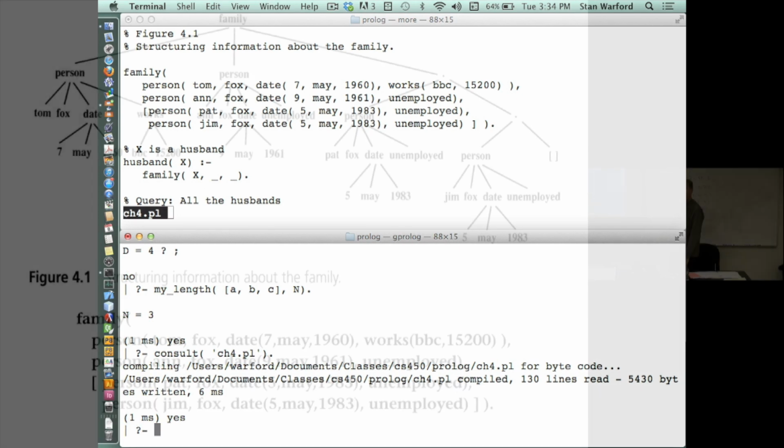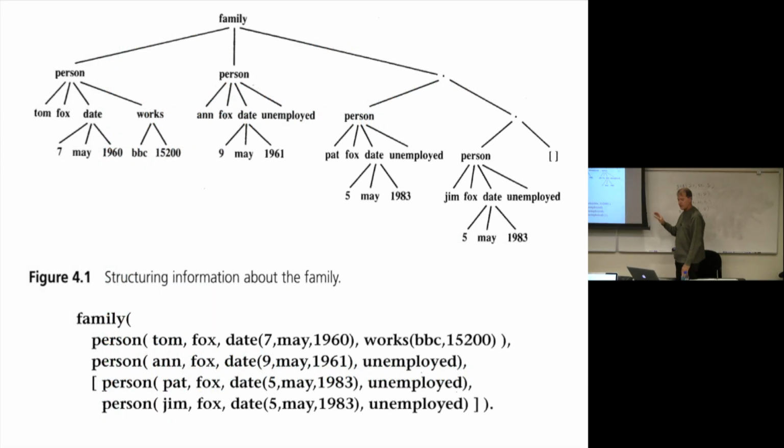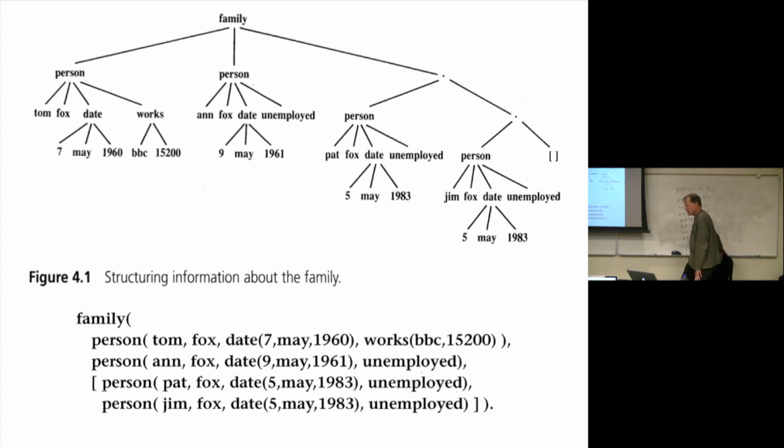Now watch this. I was disappointed when the 4th edition of the book came out, because chapter 4 of the 3rd edition has this really nice example of how database queries work in Prolog, and this material is no longer in the 4th edition.